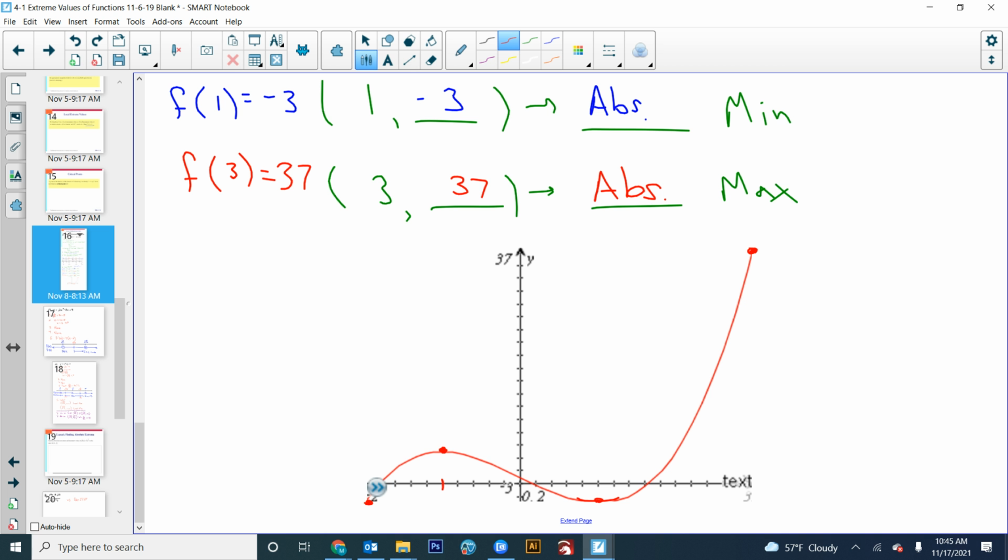It's all about where those endpoints cut off the graph as to determine who's local, who's absolute, right? Does that make sense? How's the process? It's a thorough process. It's 6 steps, kind of tedious.